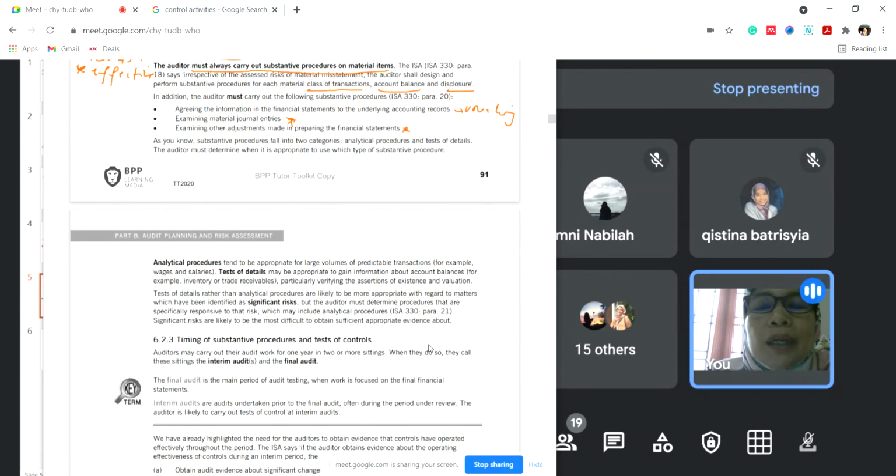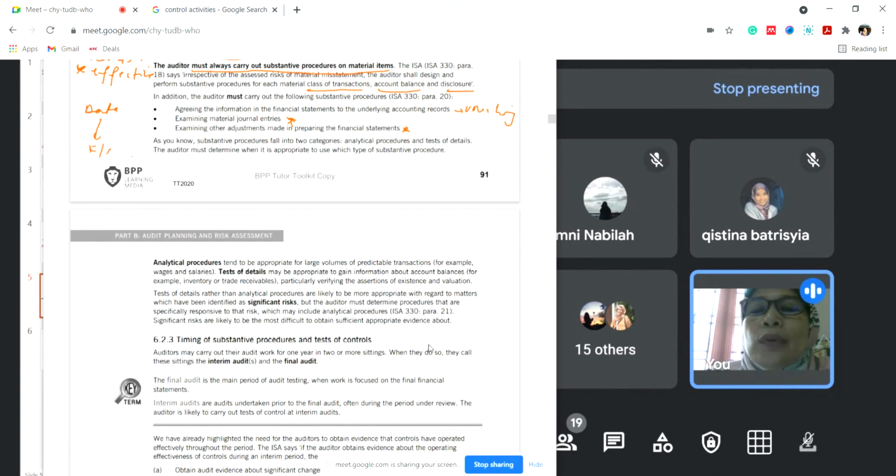So that's why I want you to attend the SQL next week, because you have to know how the system generates from the accounting system. Sebab sebelum ni you buat dalam bentuk manual kan, guna Excel, but you don't know how to use it in the computerized accounting system. So next week you kena attend that khusus. You must know how the financial statement is generated from the data till the financial statement.